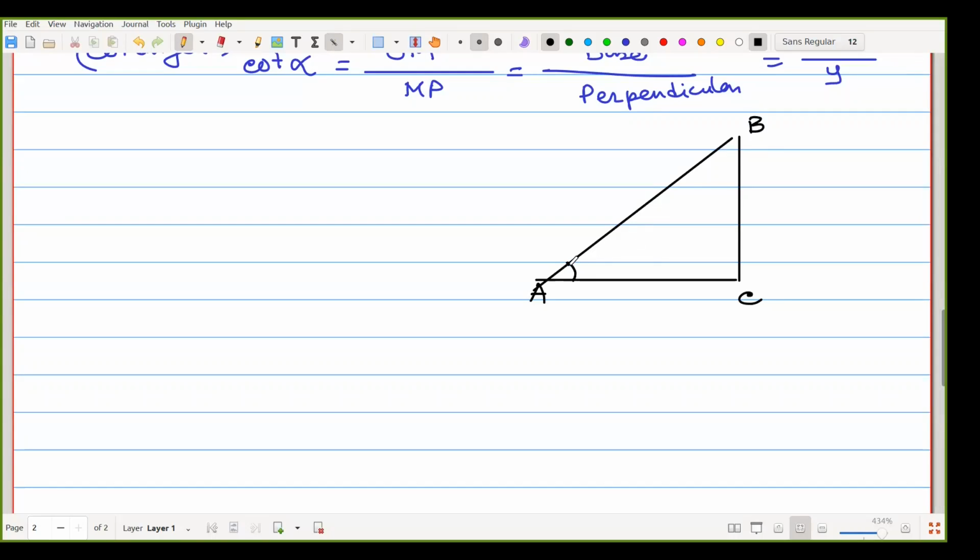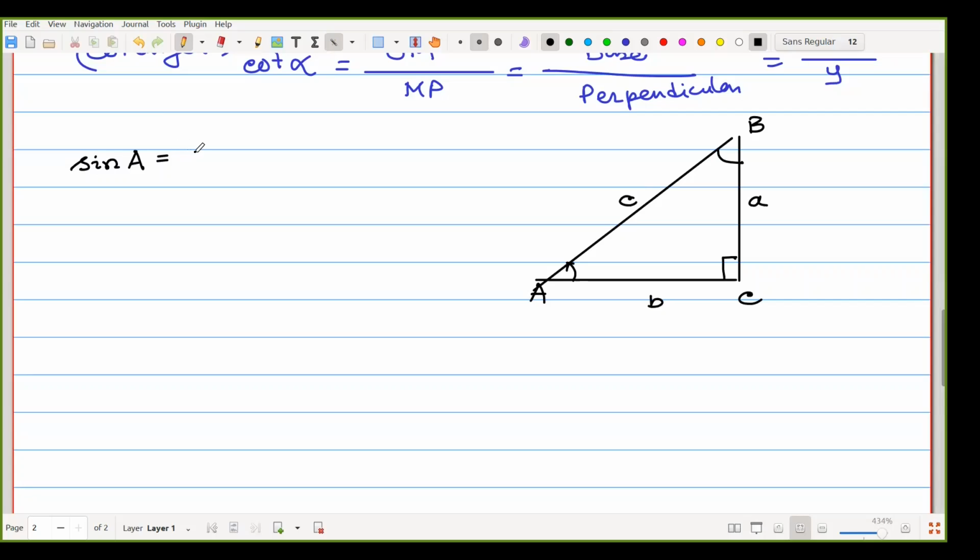That is the angle A, that is the angle C, which is obviously the right angle, and that is angle B. And the sides are c, a, b. Now, what is the meaning of sin A?